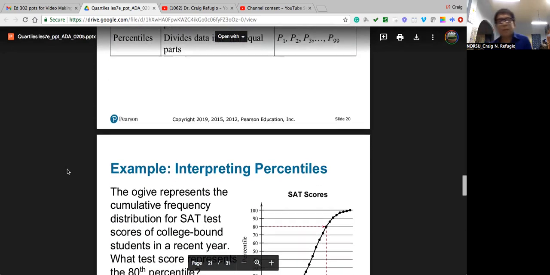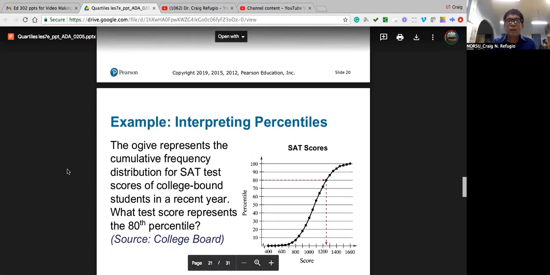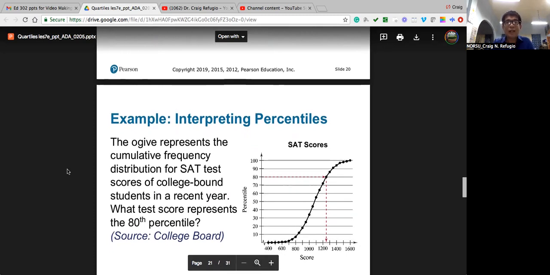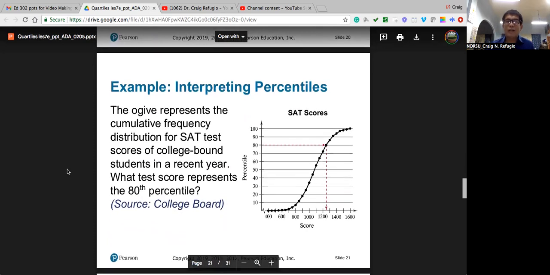So, interpreting percentiles. The ogive, which we mentioned last time in the frequency distribution table video, represents the cumulative frequency distribution for SAT test scores of college-bound students in a recent year. What test score represents the 80th percentile rank?